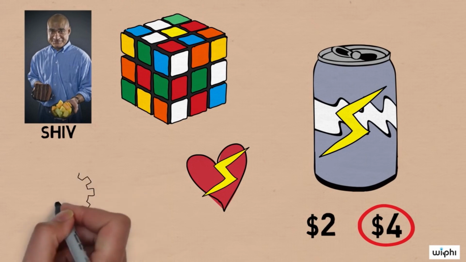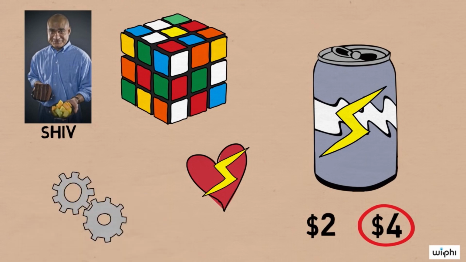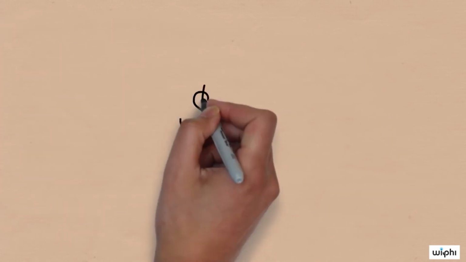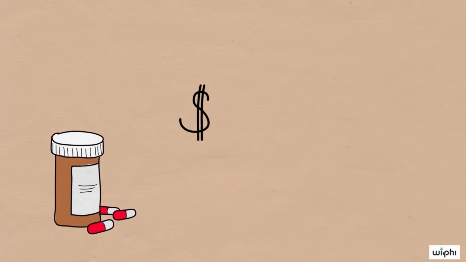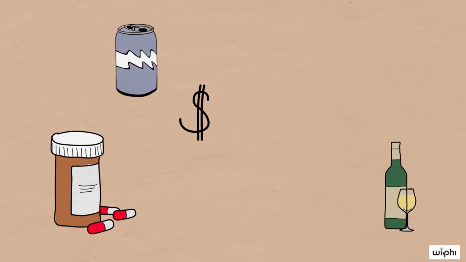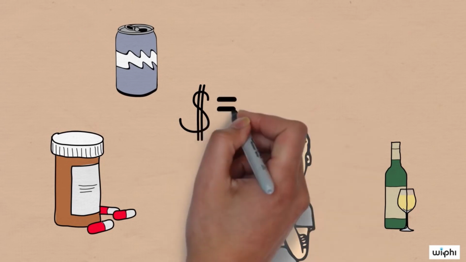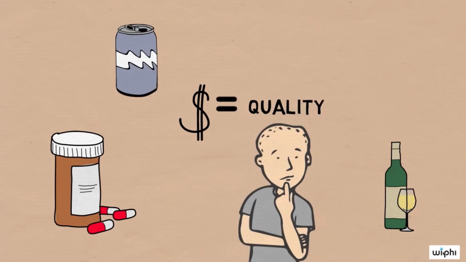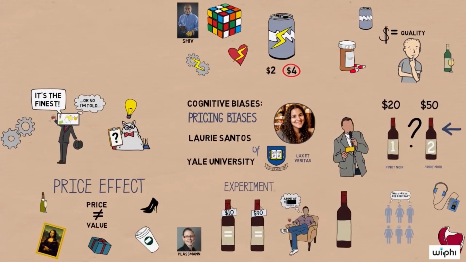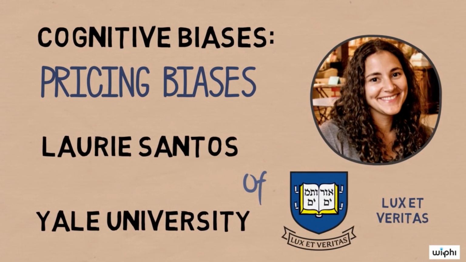Somehow participants really were more energized after a drink with a high price tag than when drinking an identical drink with a lower price tag. These results suggest that the price we pay for an aspirin or a bottle of wine or even an energy drink doesn't just affect what's in our wallets. Because of price biases, our minds assume that higher prices mean better quality, even in cases where the price of a good is totally arbitrary.